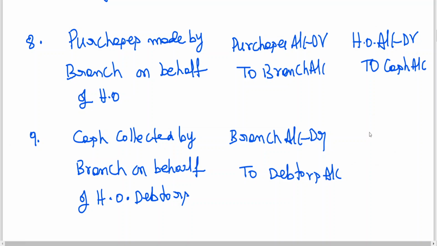Now here, cash account debit comes in cash. This amount to be given to whom? Head office. Cash account debit to head office.